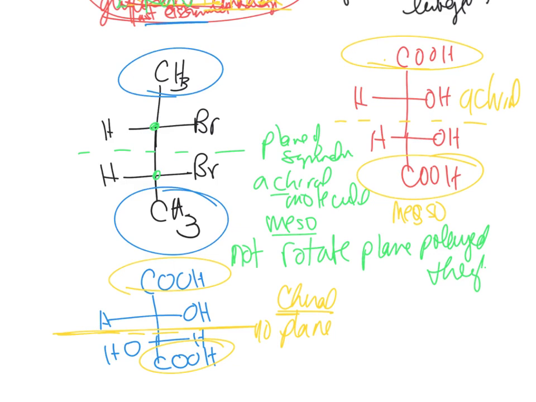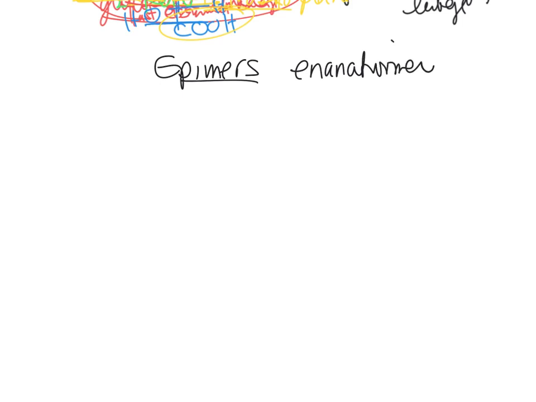Okay, so we talked about this in one of our labs. We talked about epimers. So an epimer is a diastereomer that differs at only one stereocenter. Let's look at glucose and galactose.